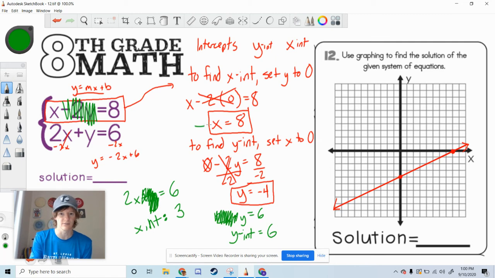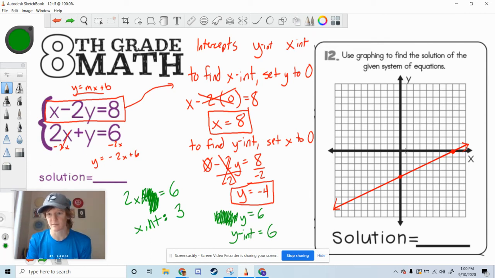X equals 8. That's what we got right here. Then to find the y-intercept, I would cover up x, and divide by negative 2 to get rid of that. Y is negative 4. So I got that right there too. When I'm working on these, I usually just cover it up with my finger and then solve that one-step part of our equation.